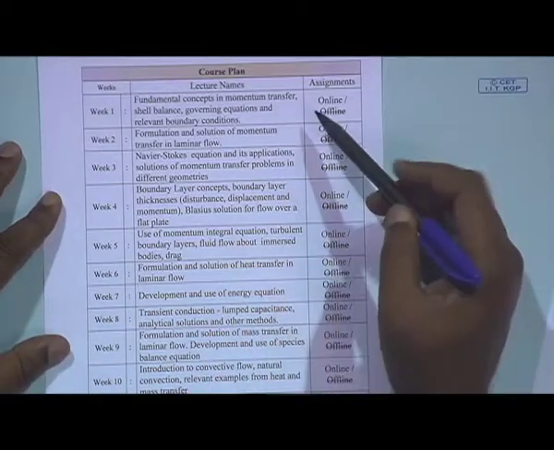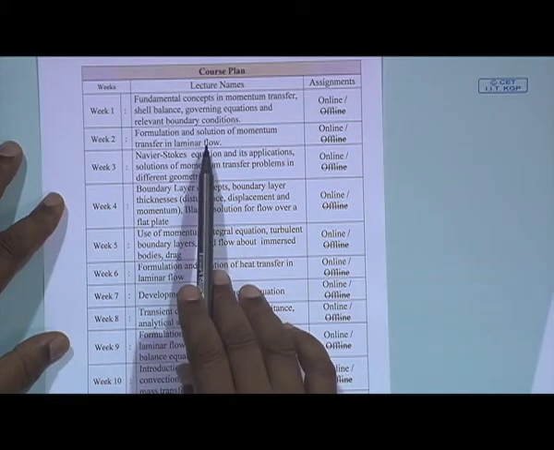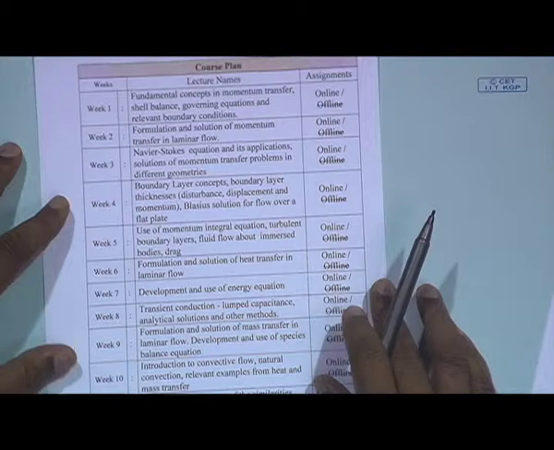So, we have done that in our shell momentum balance. So, from a difference equation we have obtained a differential equation that governs the process, and then we solve the differential equation with the help of appropriate boundary conditions, namely no slip and no shear. So, that is what we have covered in the first 2 weeks to formulate and to solve the momentum transfer in laminar flow.